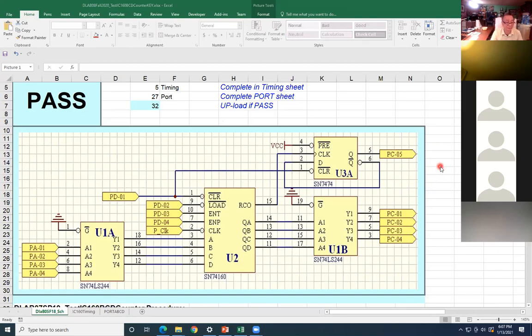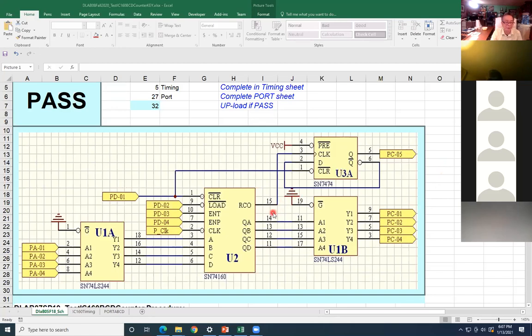Because the clock transition for U3 relies on pin 15 from U2. Exactly. That means if U2 is not sending out the clock, then it's not working. That's right. Then they must get the pulse coming out here in order to apply the clock to U3.